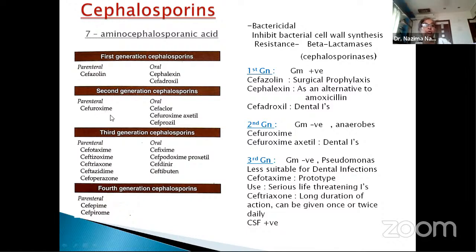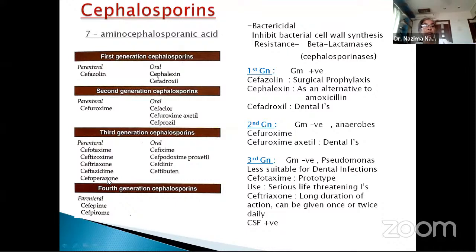Parenteral we have cefuroxime, oral we have cefaclor, cefuroxime axetil, and cefprozil. Then there are the third generation cephalosporins, again classified into parenteral and oral. In the parenteral ones, we have cefotaxime, ceftizoxime, ceftriaxone, ceftazidime, cefoperazone.